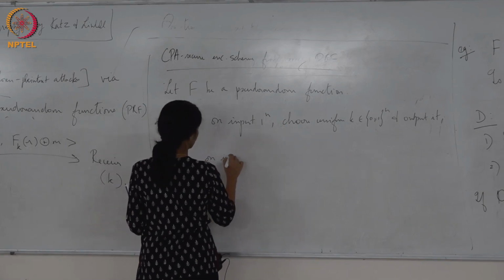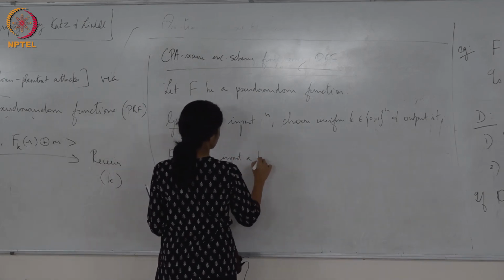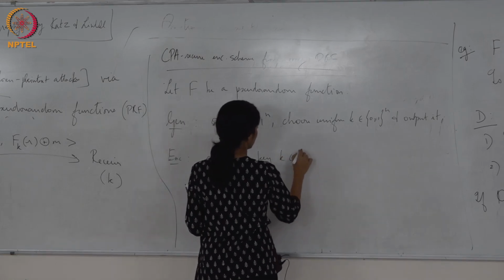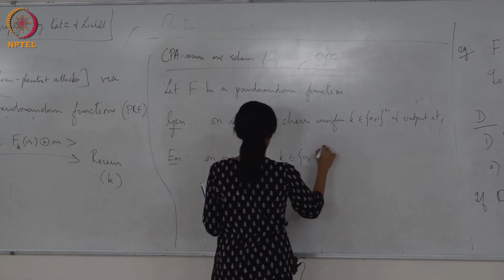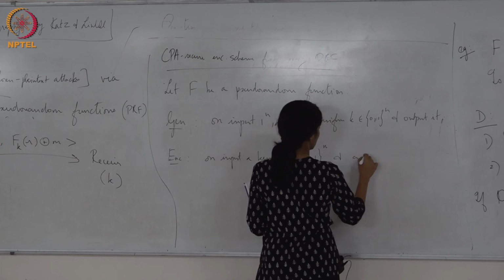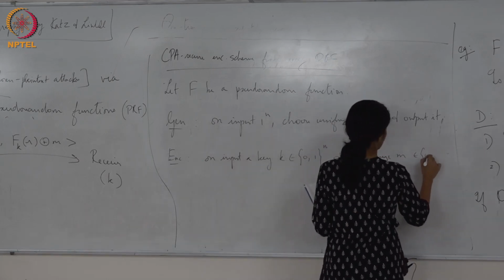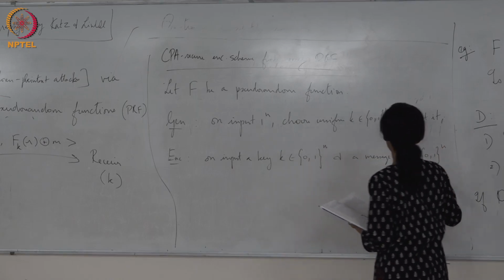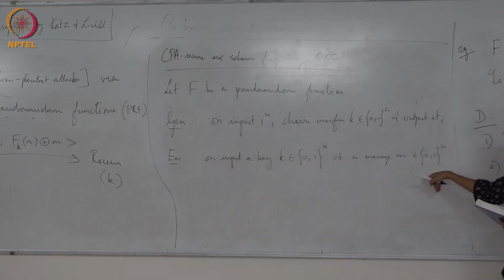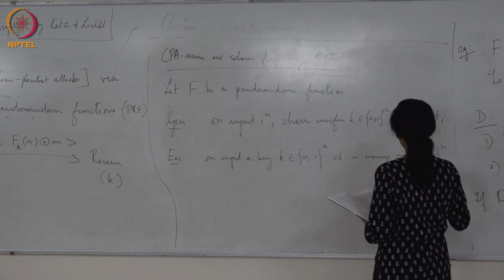The encryption algorithm, on input a key K that is an n-bit string and a message M that is an n-bit string. So we are considering fixed length messages, and in particular messages of length n bits.